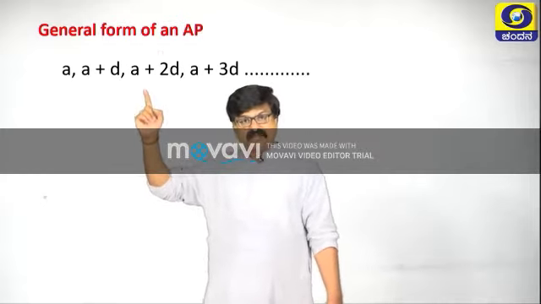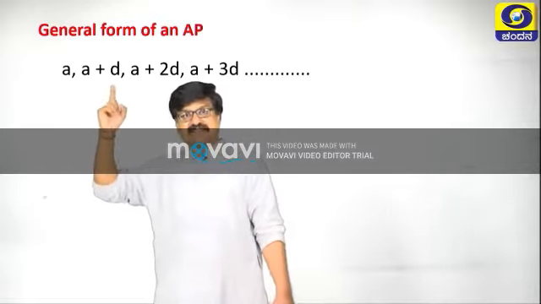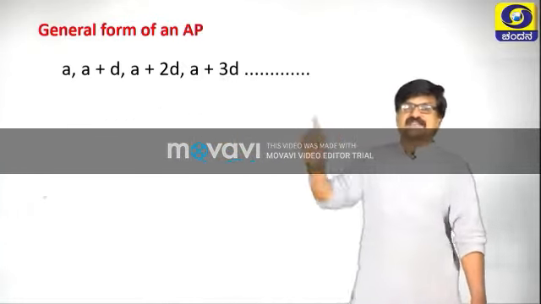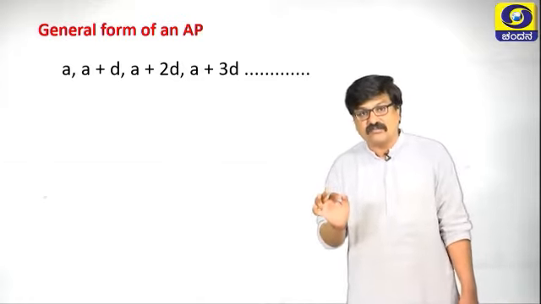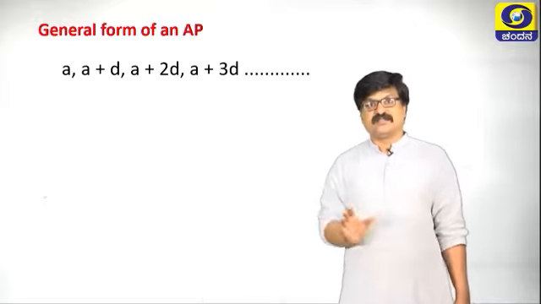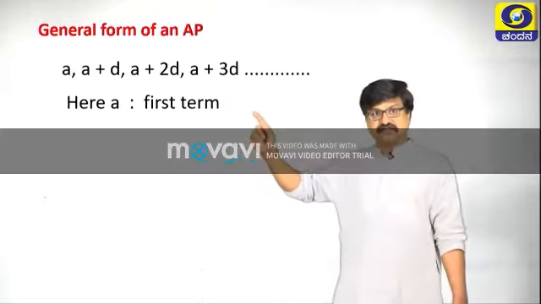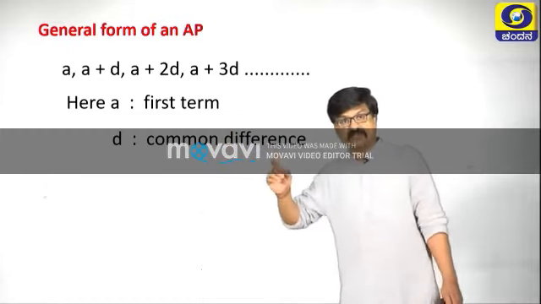A plus 2d plus d becomes a plus 3d. So a, a plus d, a plus 2d, a plus 3d, and so on is called the general form of an AP. In this general form, a is the first term and d is the common difference. You must know these two properly.